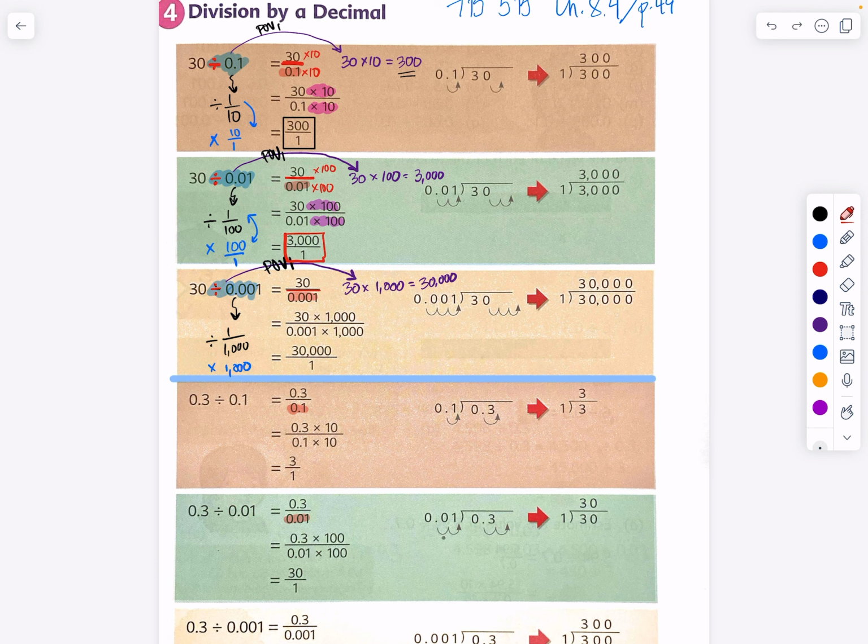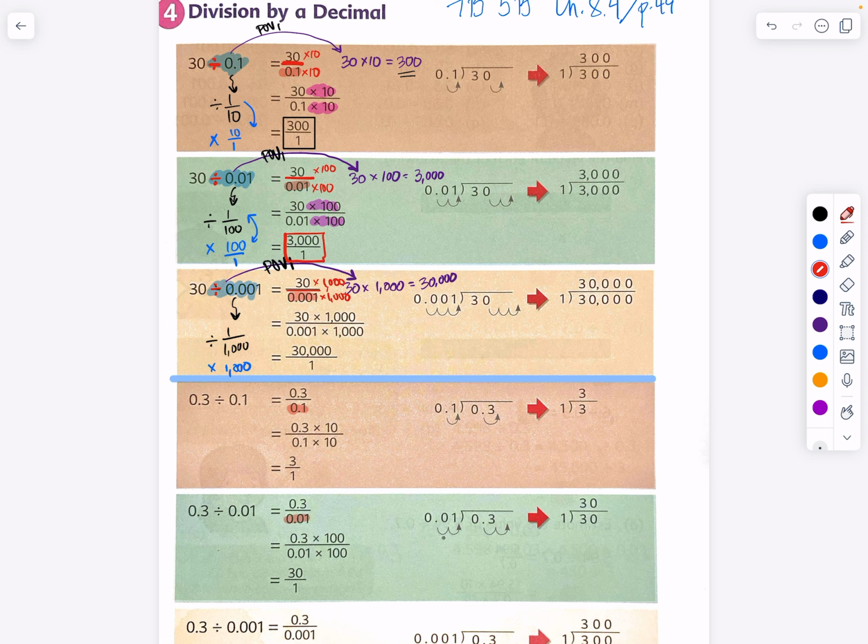Now, and final example, let's take a look. Again, we represent horizontal division as a vertical fraction, and we really don't like fractions or decimals in a denominator, so we need to get rid of them by figuring out the equivalent. Let's multiply by 1,000. What we do to the bottom, we must do to the top.